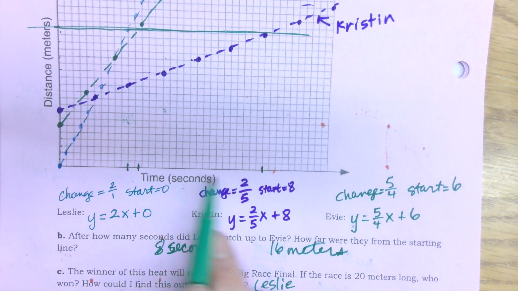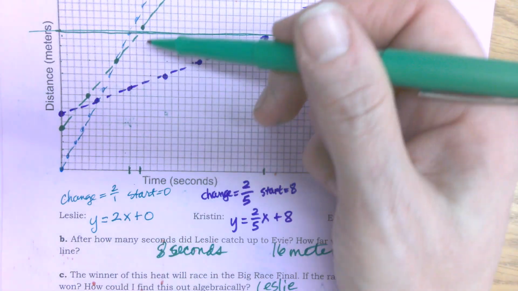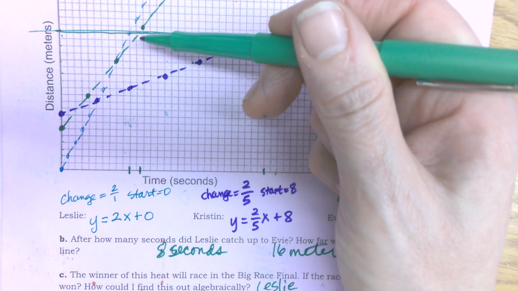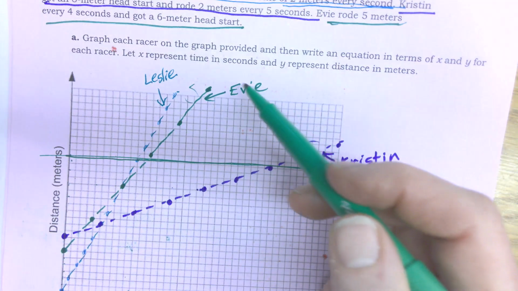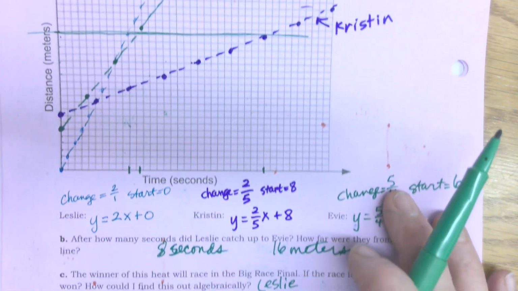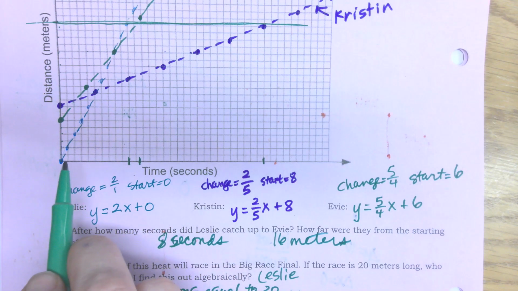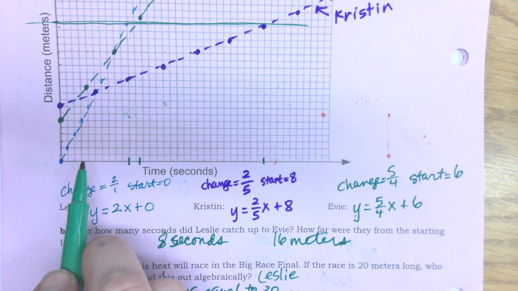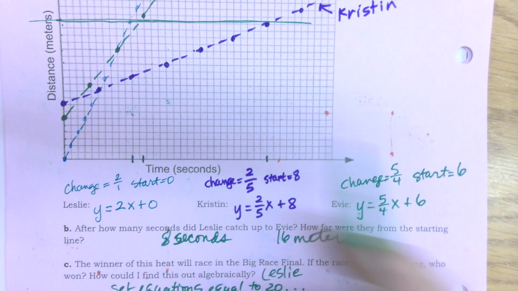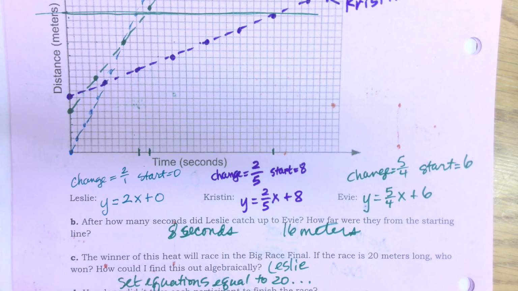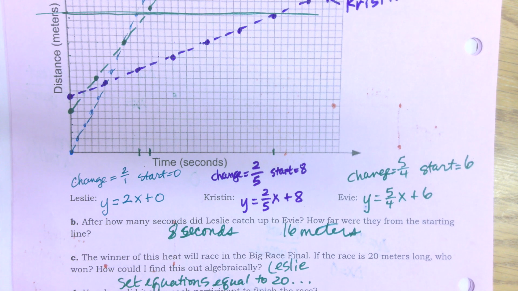So I just sort of put them in about where it looked like they crossed the line. The only one that was a little off was the one I did in green, Evie, but we can approximate it still. So what would you say Leslie is? How long did it take her? 10 seconds. Okay?